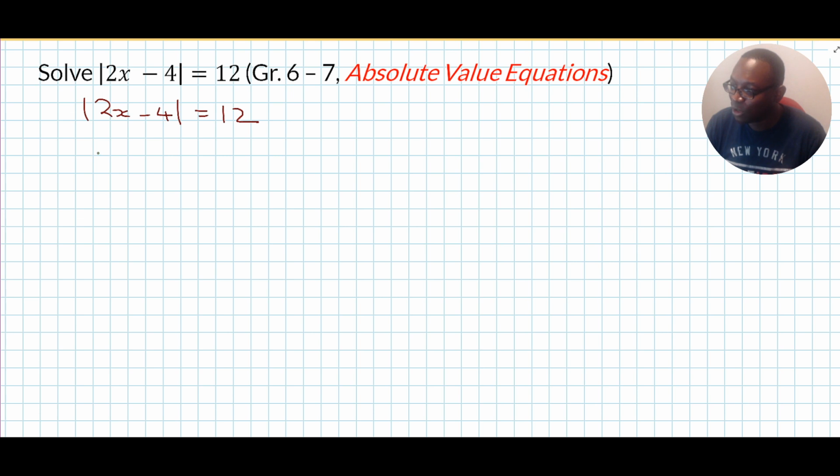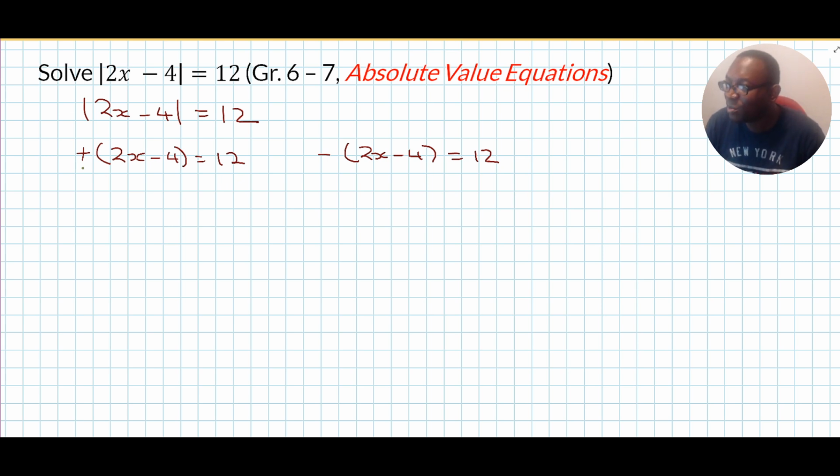So I'm going to put a positive sign here, 2x minus 4 equal to 12, and then a negative sign out here, 2x minus 4 equal to 12, and then we're going to try to solve this together.